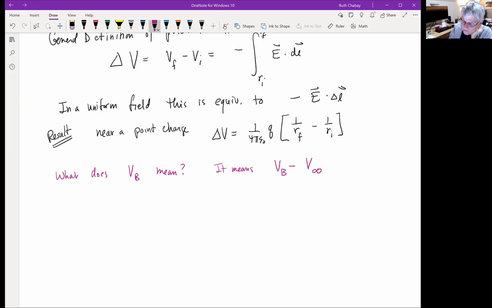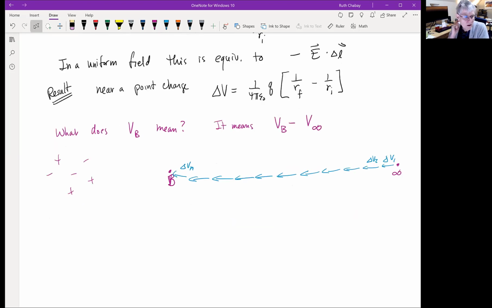So if there are some charges over here making a field and you want to know the potential at location B, you start over here at infinity and travel from infinity to B, calculating the potential difference along every step of the way. And when you get there, you add that all up, and that gives you the potential.